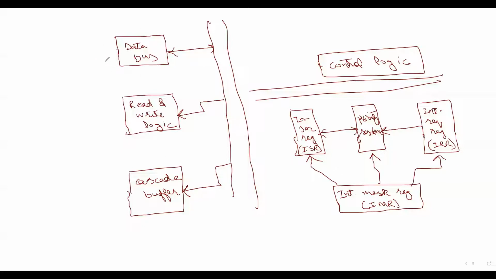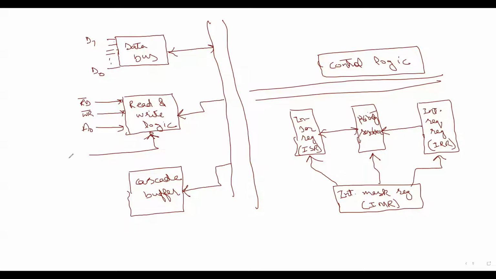This data bus, it is those 8 pins that we have, D7 to D0. Read write logic, so it will accept the read signal and write signal. It also accepts the A0 address signal and chip select.